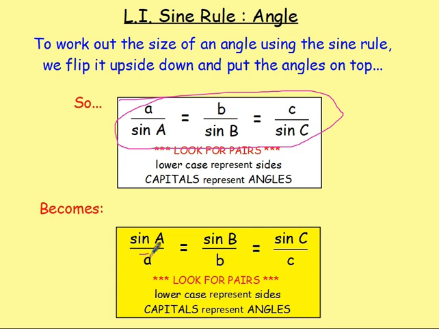The lowercase letters represent the sides and the capital letters represent the angles. So it's sine of the angle, again sine of the angle, sine of the angle. And again, when you're using the sine rule, you need to be looking for pairs.